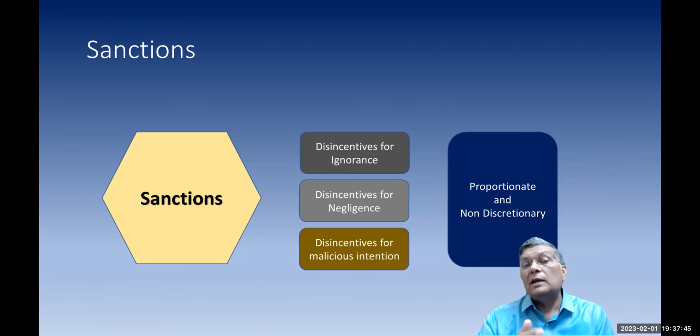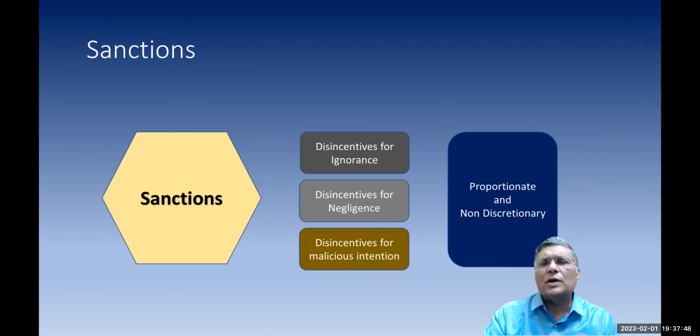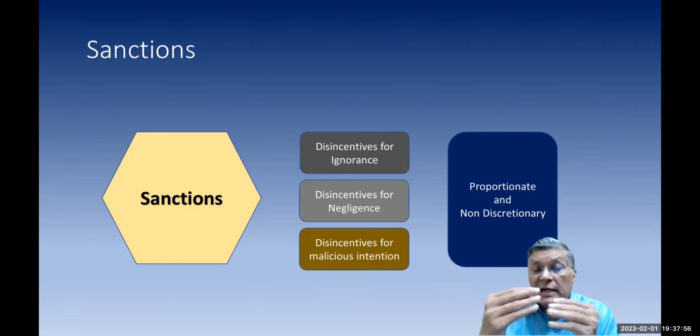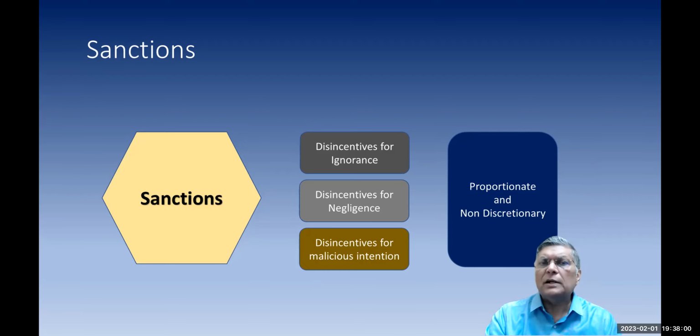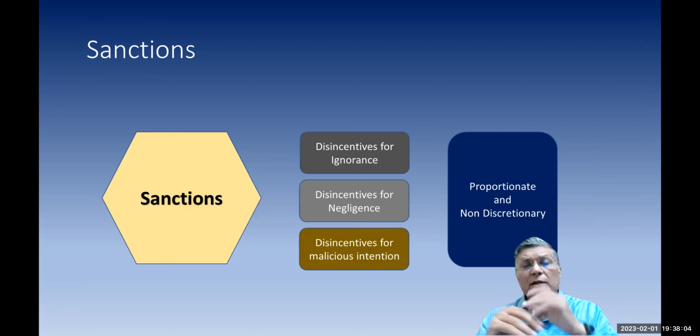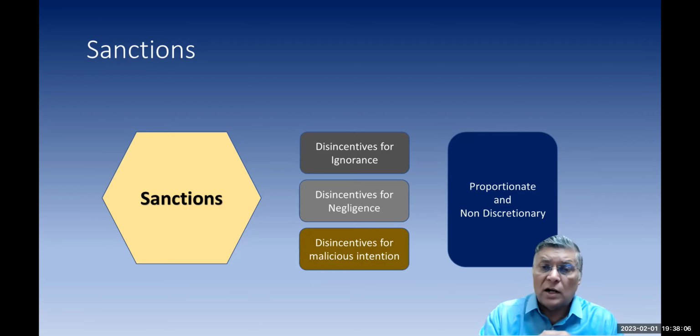So similarly, here also you cannot simply say that, okay, any kind of non-compliance, you will be fined 1,000 rupees, you will be losing one increment or something like that. It has to be proportionate to whatever omission has been there. And another important thing for sanctions to work is it should be non-discretionary.